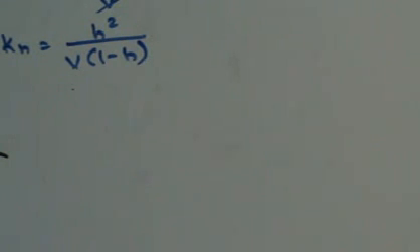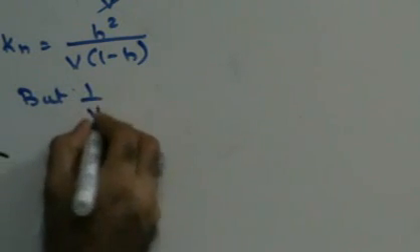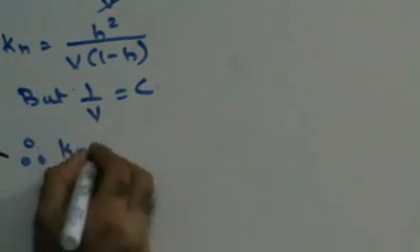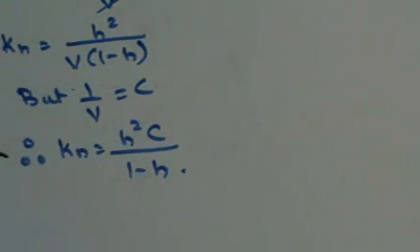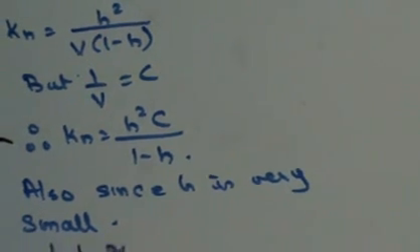But I can say that 1 upon V is nothing but concentration. Therefore, I can say Kh is equal to h square C upon 1 minus h. Now, since h is very small, the degree of hydrolysis is very small, 1 minus h is approximately equal to 1.